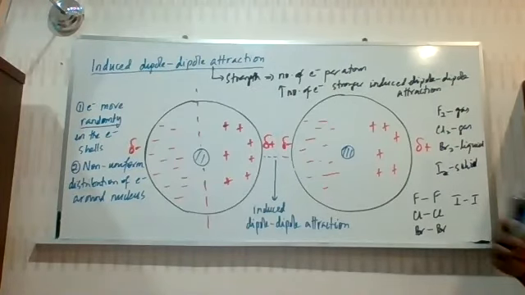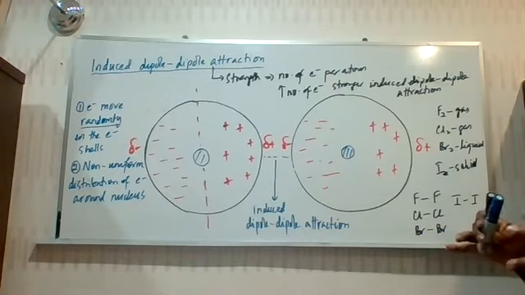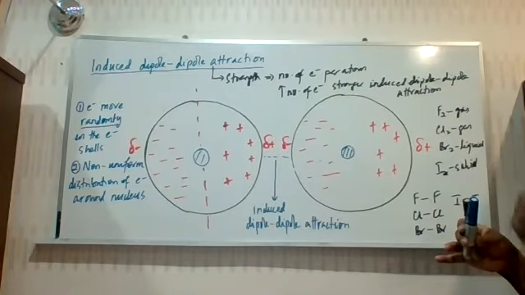Now, since it's a gas, it doesn't have a three-dimensional regular structure, but I'm only talking about the idea. And that goes on to chlorine, bromine and iodine.